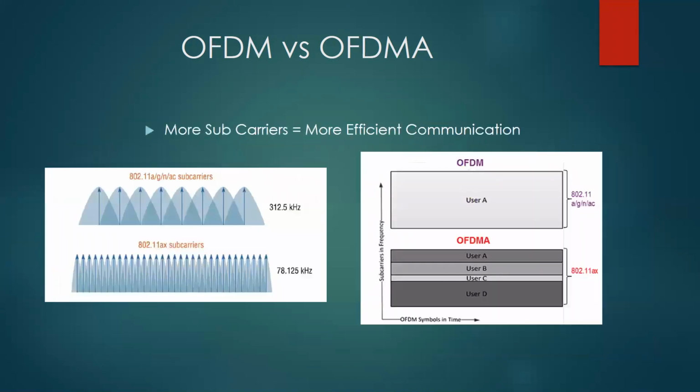And then in the second slide here, you can definitely see it. One of the things it's also able to do, on the left-hand picture, is you can see the previous generations of 802.11 had far fewer subcarriers than the newer generation, AX. Like the example I used before, channel 1, under AC, might have 8 or 10 subcarriers, whereas in AX it has twice that or more.